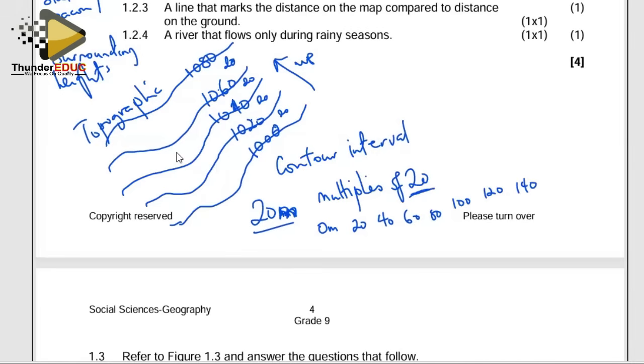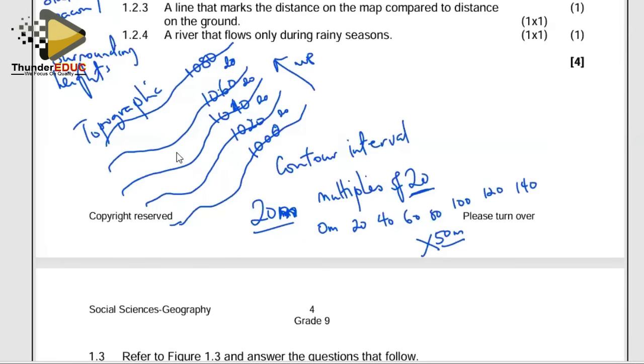There will never be a point on a map where we will see a contour line with a value of 50 meters. This is not a multiple of 20. So there will never be a contour line of 50 meters on any map, or any value indivisible by 20. It also implies that the other heights which are not multiples of 20 will be indicated by other height indicators on the map.